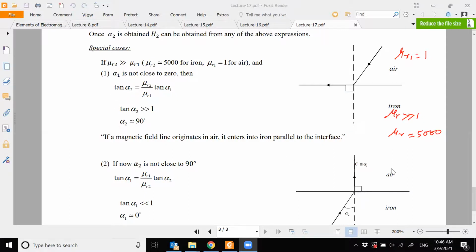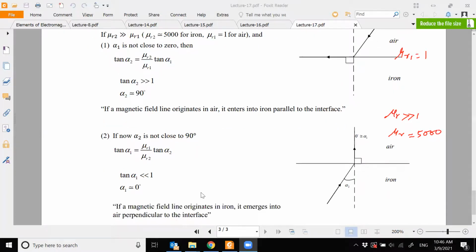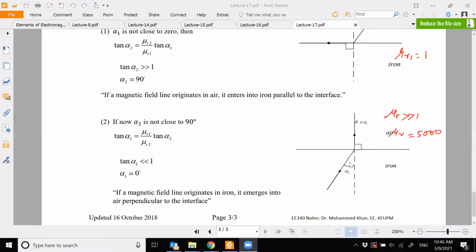And now the other case, if my magnetic field is in the iron. Now from the iron, if it is going to the air, how it will go? So from the analysis, you will see that if it is in the iron, then it will enter air at almost 90 degrees. At almost 90 degrees.